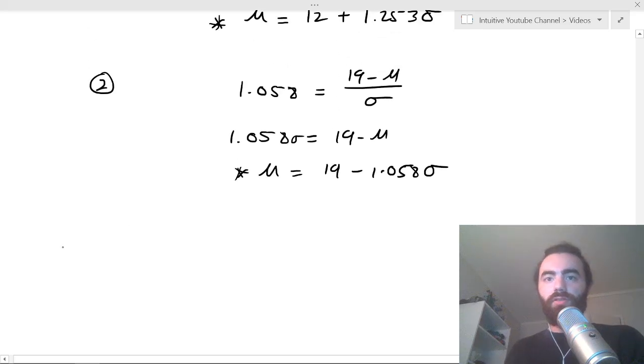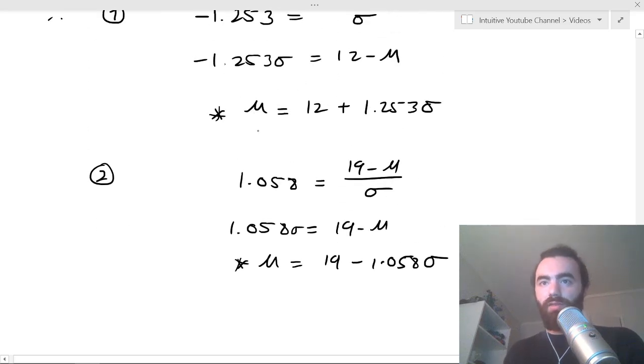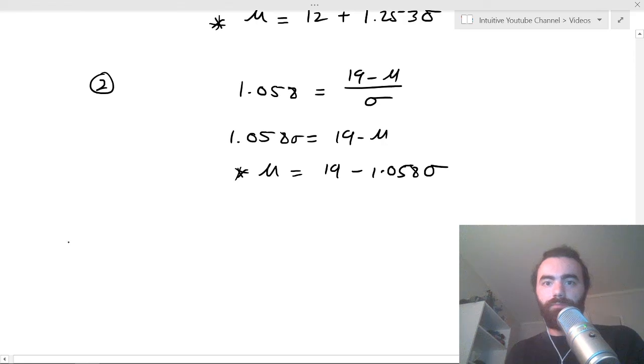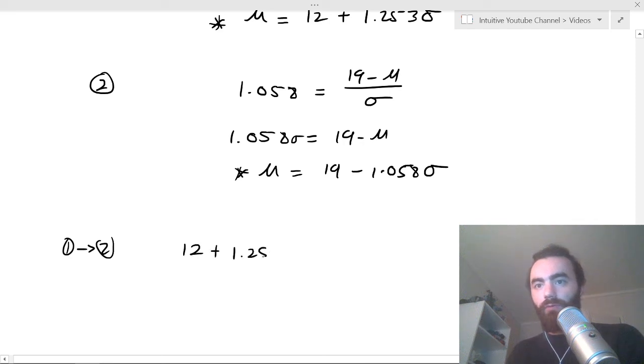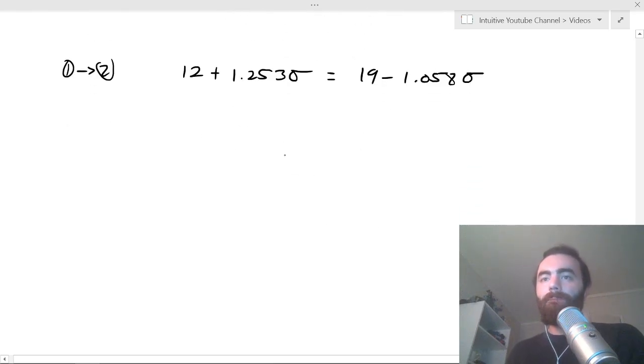So we have these two equations. So now let's substitute this one into this one, it doesn't matter. So we can find the standard deviation. We get 12 plus 1.253 standard deviations equals 19 minus 1.058 standard deviations.